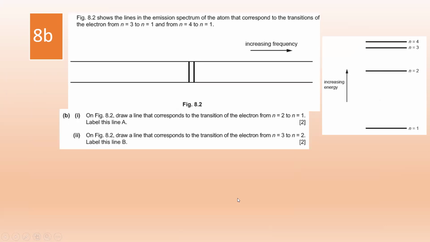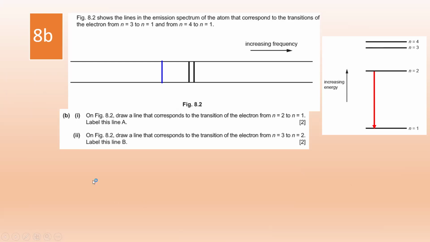On figure 8.2, four lines that correspond to transition from N2 to N1, right? N3 to N1, so it's quite far away. That's how you draw, right? Roughly correspond to that.